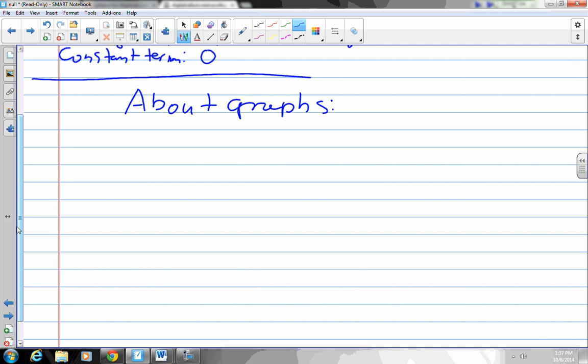Some of you might study more precise definitions of a smooth graph, but there are no sharp edges. Everything is nice and curvy. So like absolute value is not a smooth graph. It's got a sharp edge, the letter V or whatever. But polynomials will not have those sharp edges. They will not have the discontinuities. It's going to be a nice, pretty, continuous, smooth curve. So the graphs are pretty.